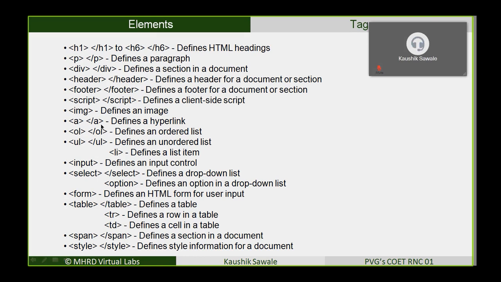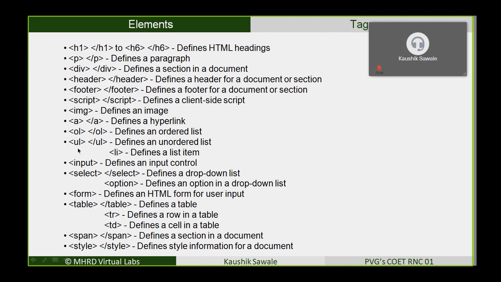The next is anchor tag. It defines a hyperlink in the document, like if you want to add a hyperlink to visit a certain website, the anchor tag is used. The OL defines an ordered list. Ordered list is basically a list element, and it is numbered serially.